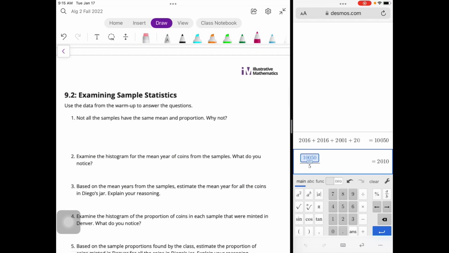Okay, so not all the samples have the same mean and proportion. Why do you think that is? Well, remember that it's random, right? They are random samples. So each sample has a chance of getting different coins.